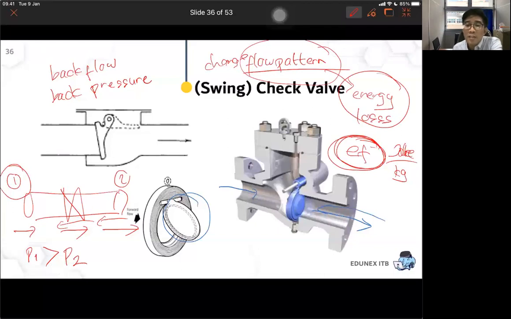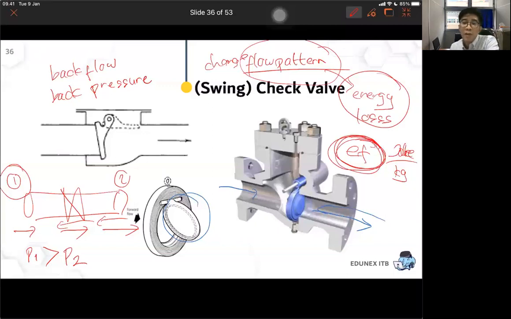When liquid or gas, or fluid generally, flows into the fitting, there will be some loss of energy. When the fluid passes through the fitting, the loss of energy to the environment is similar to the concept of EF.